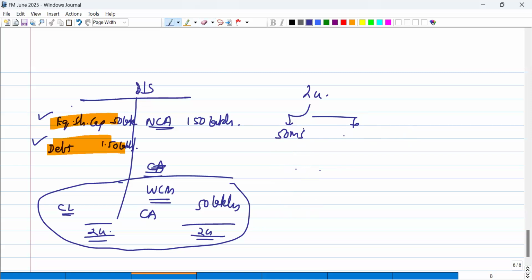So tell me, $50 million equity, people expect 20%. How much is the return that they are expecting? 10 lakhs, 10 lakhs. That is how much? Tell me. $10 million, correct?